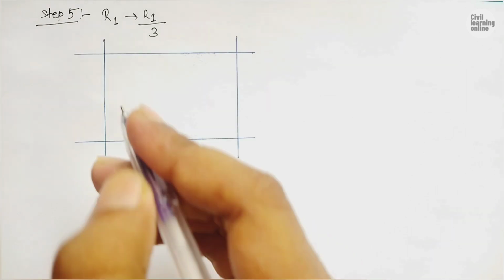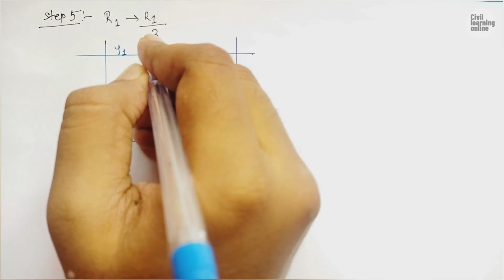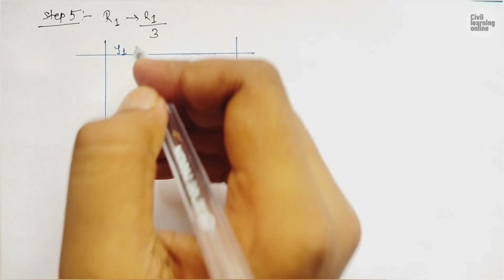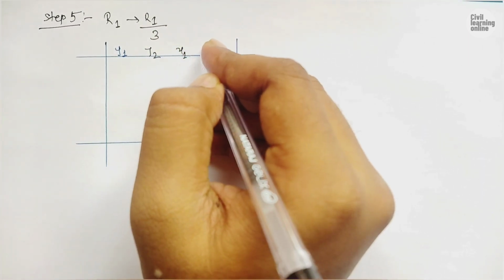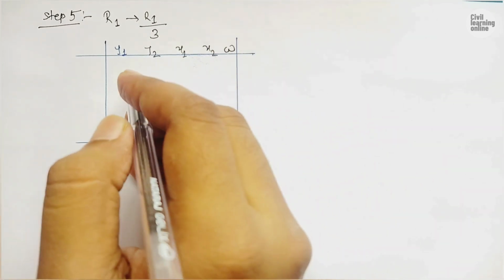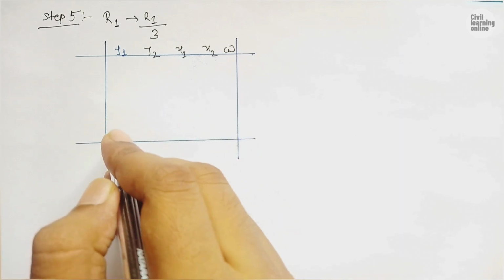So here we are doing the operation on R1, and we have elements y1, y2, x1, x2 and w, and we have to do the operation on R1. So we will write the elements of R2 and R3 as they are.